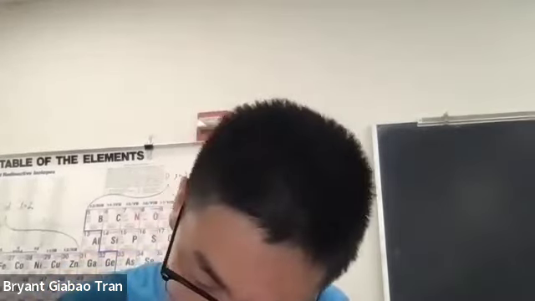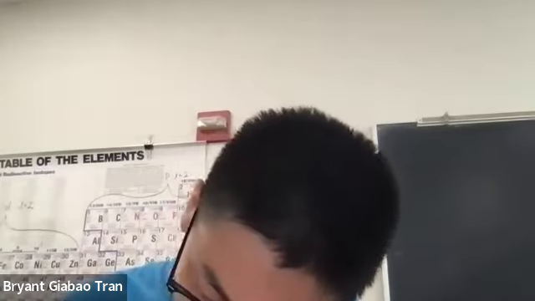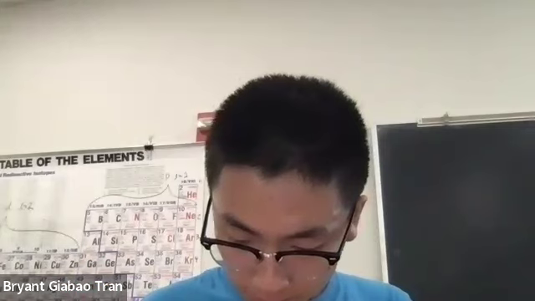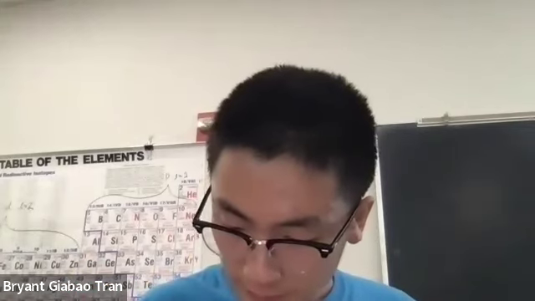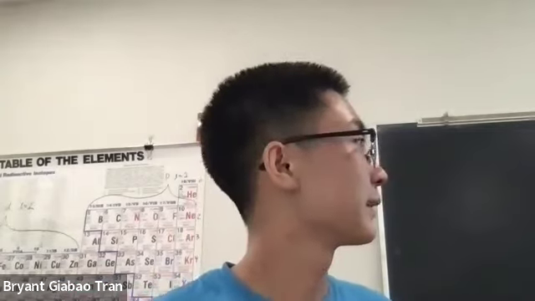This nitrogen is bonded to that hydrogen, this hydrogen, and H2 with a positive charge, because that nitrogen there has 4 bonds. Right? 1 bond to the hydrogen, 1 bond to that nitrogen, 1 bond to that hydrogen, and 1 bond to that carbon.